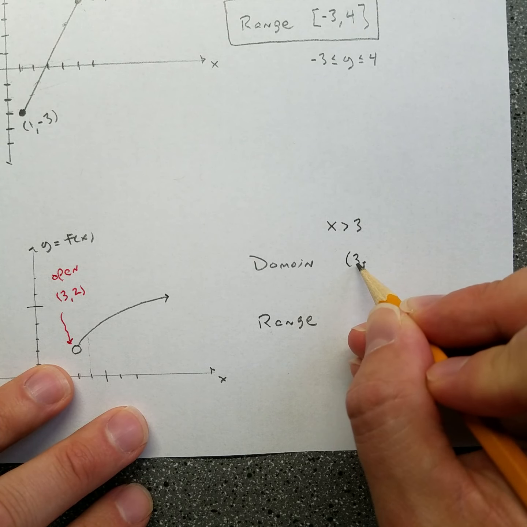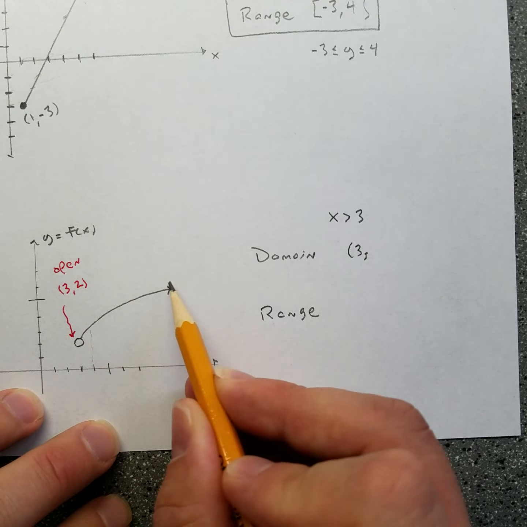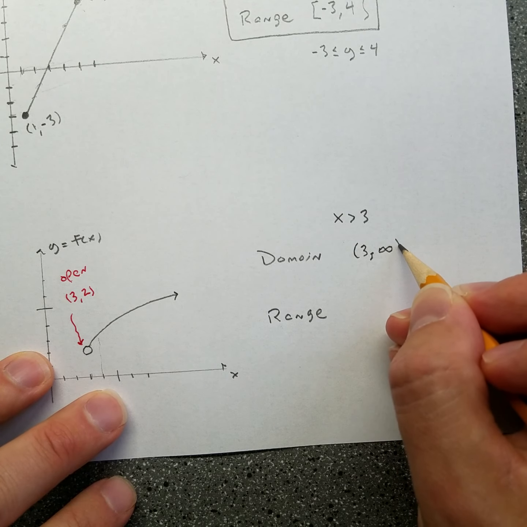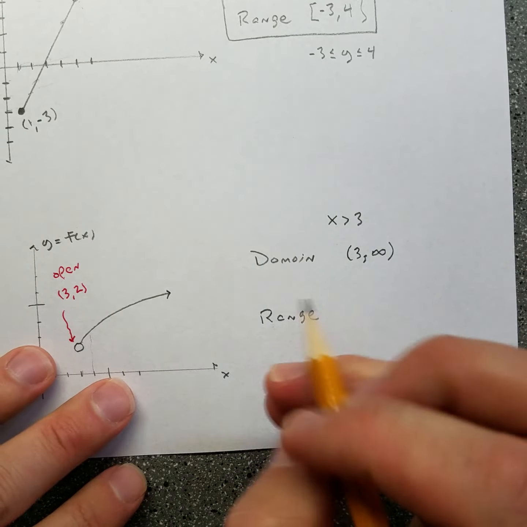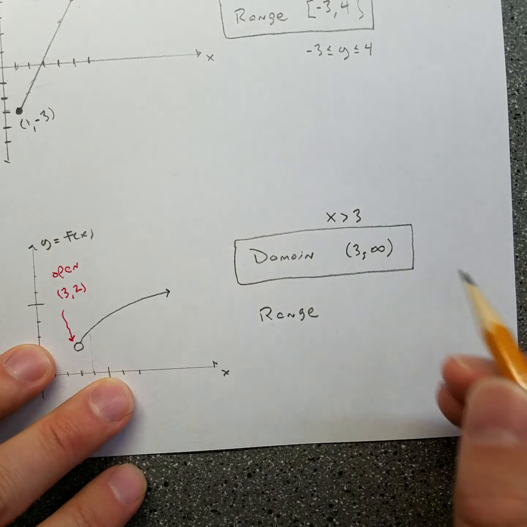So from 3 to, well, doesn't this just go forever to the right? Look at that arrow. And where's forever at? Infinity. So we put parentheses around the infinity too. All right, so there's our domain.